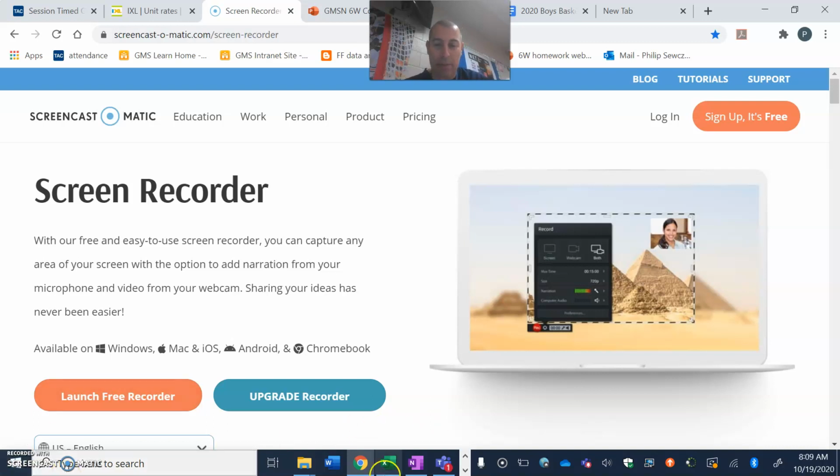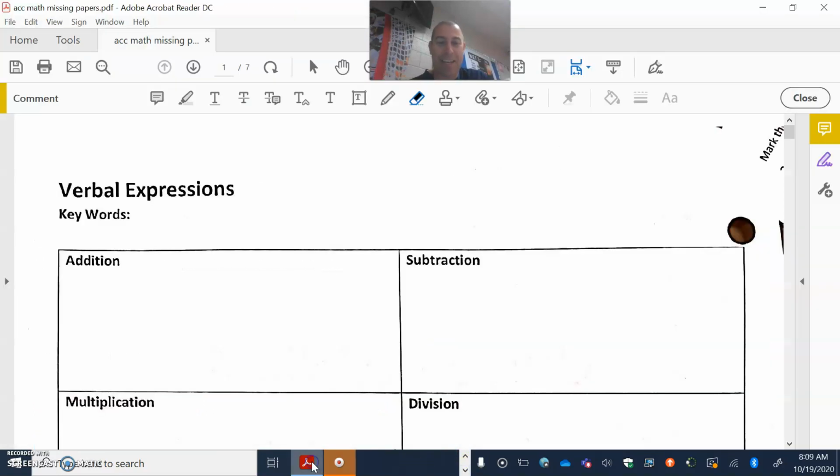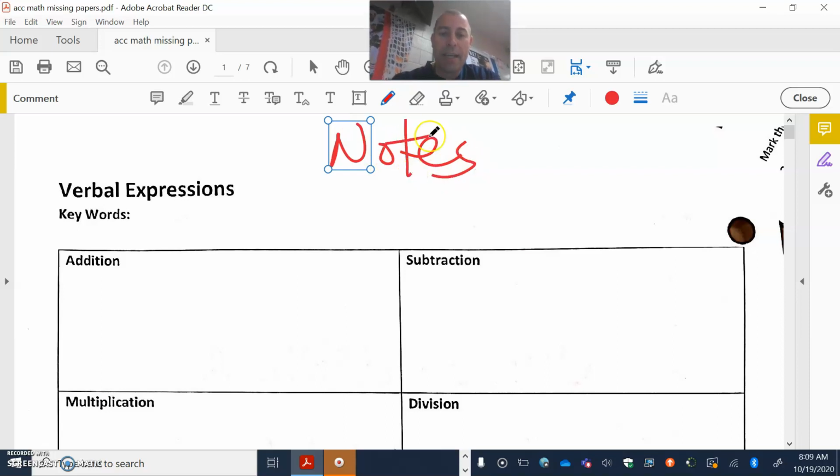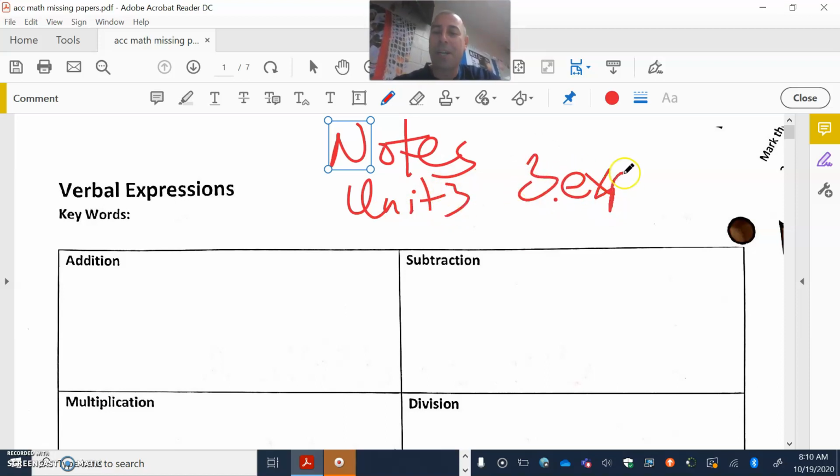So I'm going to bring up that particular document here for you, so this way we're working off the exact same things. And it starts off by looking like this. This here is your notes, and the notes are labeled as unit 3, called 3-point expressions.